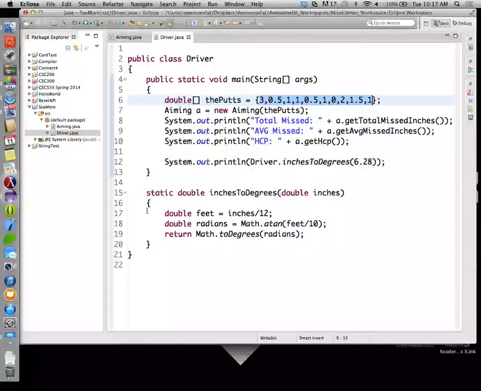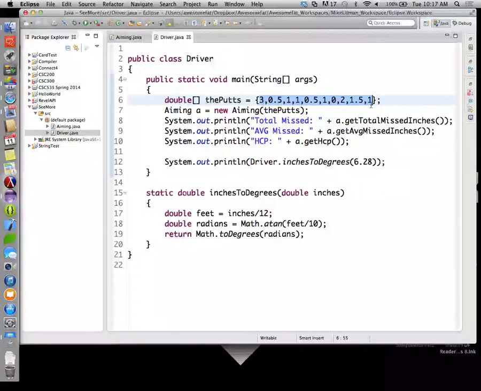So really what we need to do is go backwards. These are the degrees. If we took in number of inches, what if we wanted to write degrees to inches to go the other direction? If we wanted to convert all these to inches. Because realistically, when the person is entering information in here, they're going to be entering the distance missed between the center of the cup and where the ball is, not the angle, right?